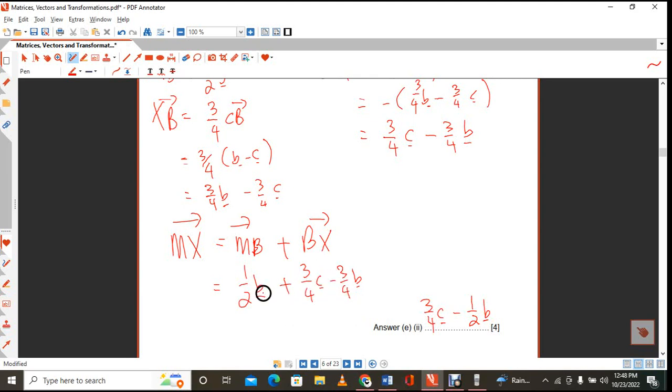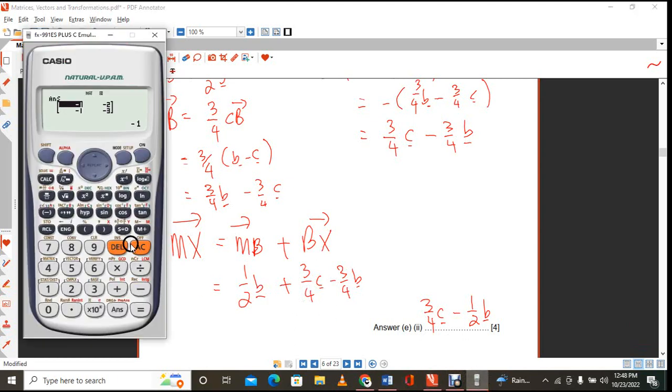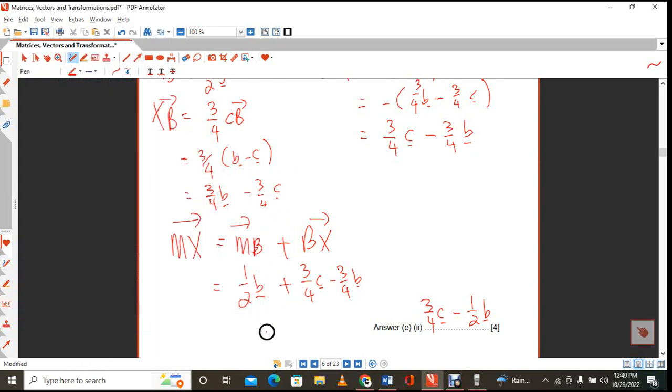So let's make sure that we get the correct answer. A half minus 3/4. Negative 1/4. Okay, so a half MB minus that, so that's negative 1/4.